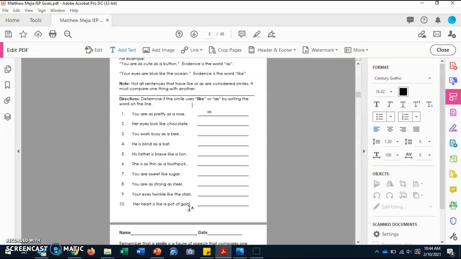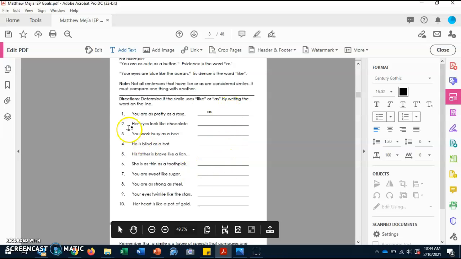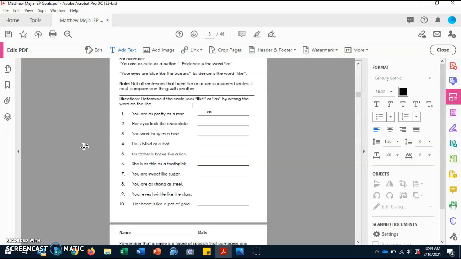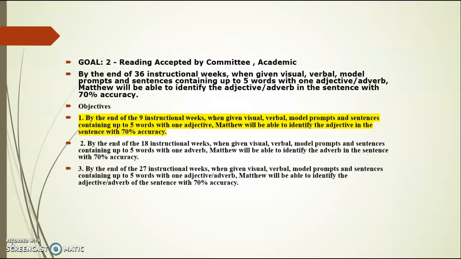Once you are done writing what determines the simile, whether the words like or as, we will continue with goal number 2. So for goal number 2, Matthew, we are going to identify the adjective in a sentence.